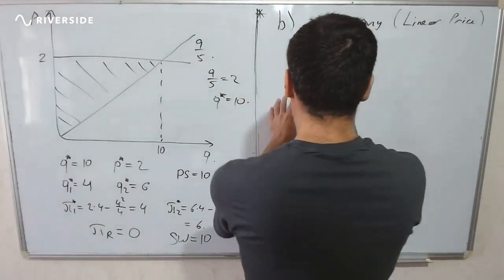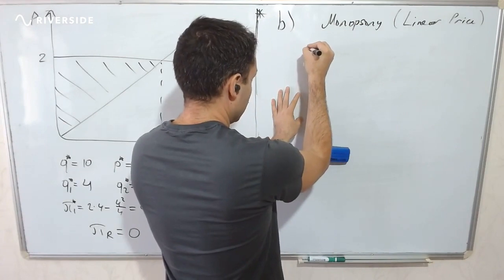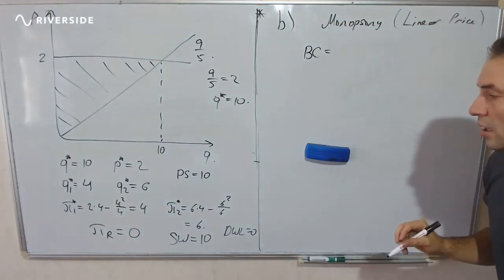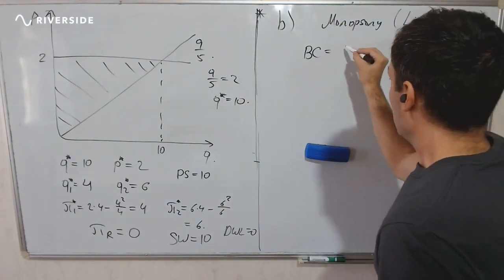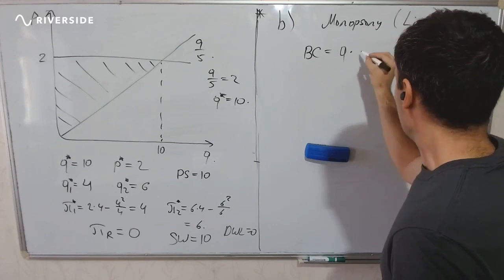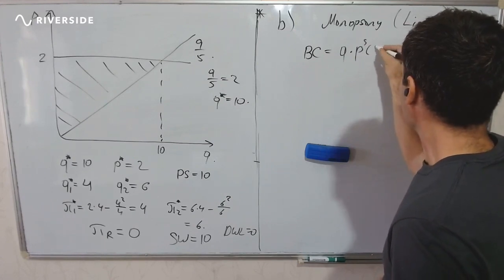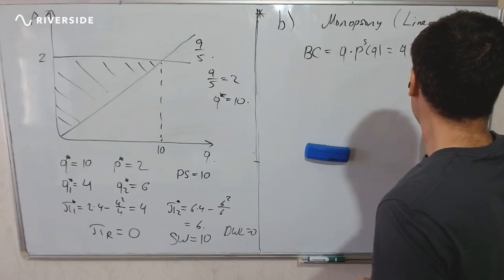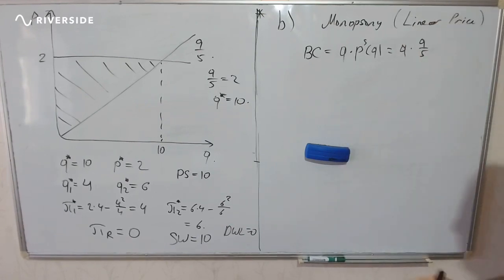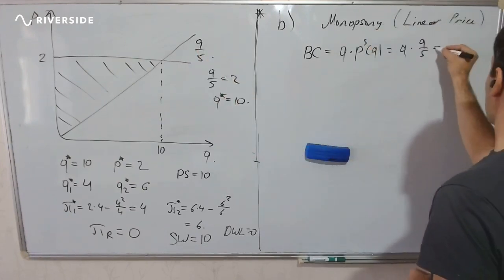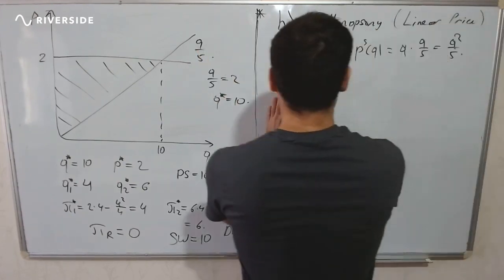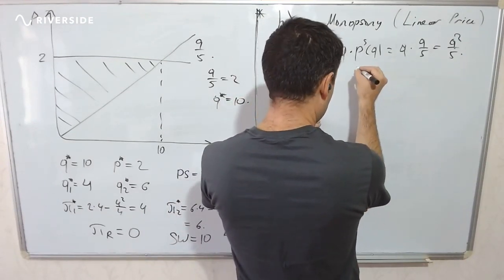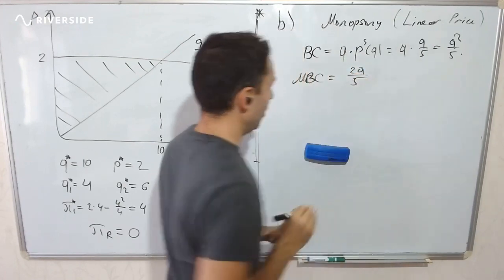So let's start with the monopsony's problem, and its buying cost is given by the quantity it buys times the inverse supply curve of this market. So its buying cost is actually Q times Q over 5. That's the number we derived, it's Q over 5 from here. So it's Q squared over 5, and its marginal buying cost is 2Q over 5.